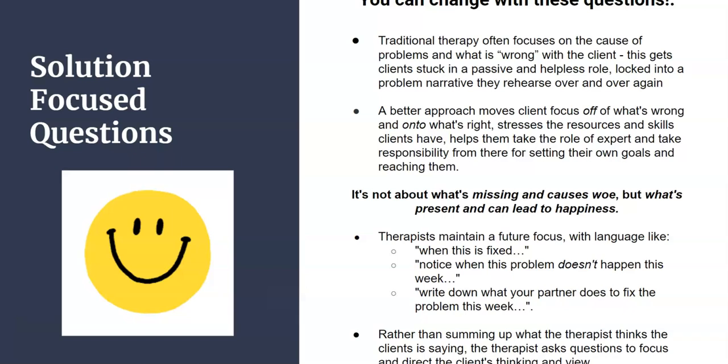So again, we're still acknowledging that the problem exists, but we're looking at times where it's less and then tapping into the resources that make that time of the day better. So it ties into that third point, which is write down what your partner does to fix the problems this week. So when does your partner do something good? Yeah, that's the crux of all of that.